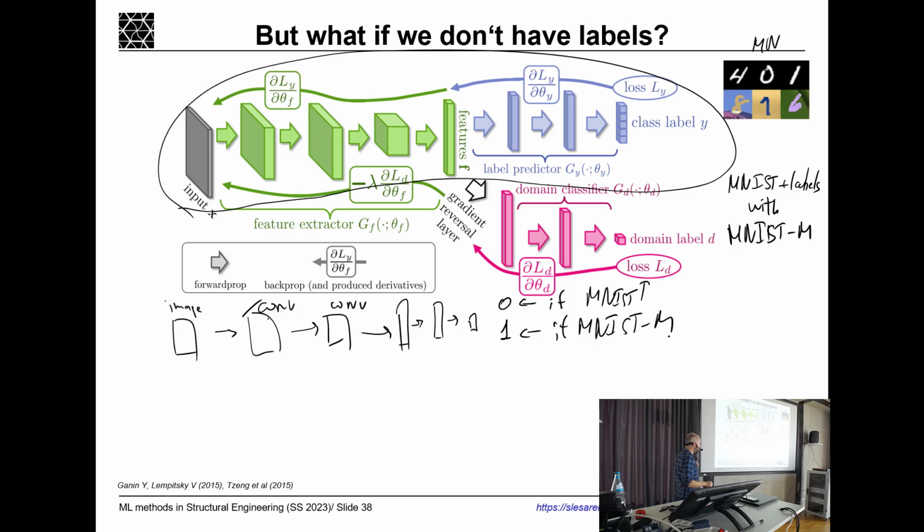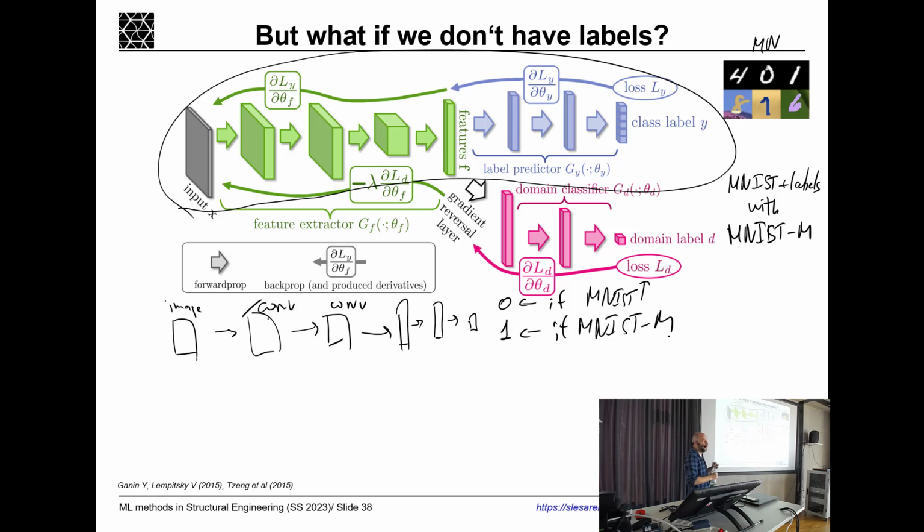If I consider only this particular neural network, do you think it will be easy to train? I feed images together, MNIST and MNIST-M with labels, because we know which domain each belongs to. Do you think this model will be hard to train? You're absolutely right. It will be easy to train.